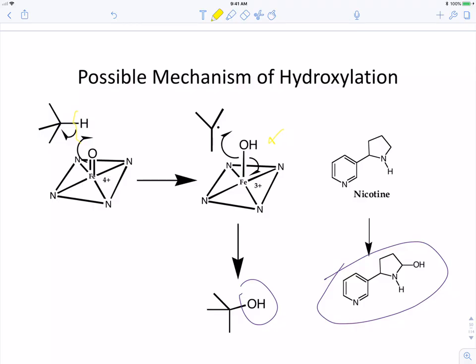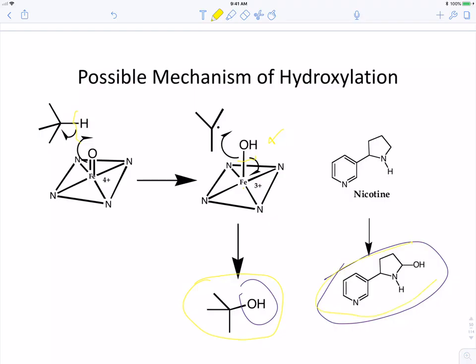So the radical is very reactive and ends up taking up the hydroxy group, and again we have homolytic breakage of the bond with one electron going to the iron and one electron going to the oxygen here. And so we generate the hydroxylated form of the substrate and restore the normal iron 3 resting state.